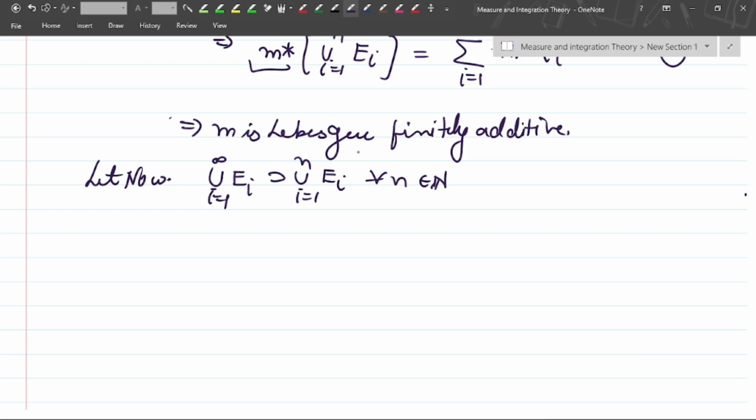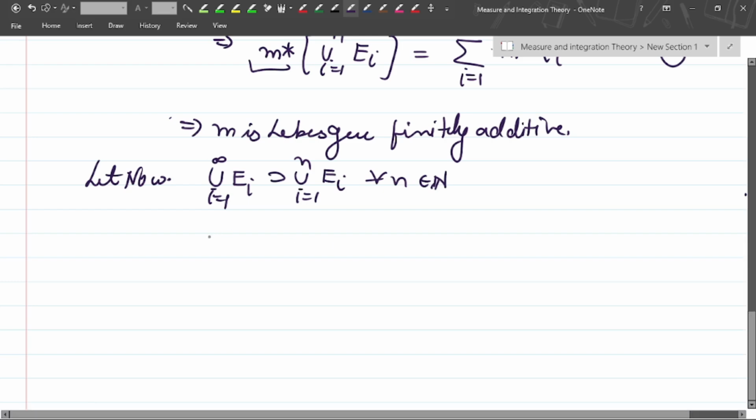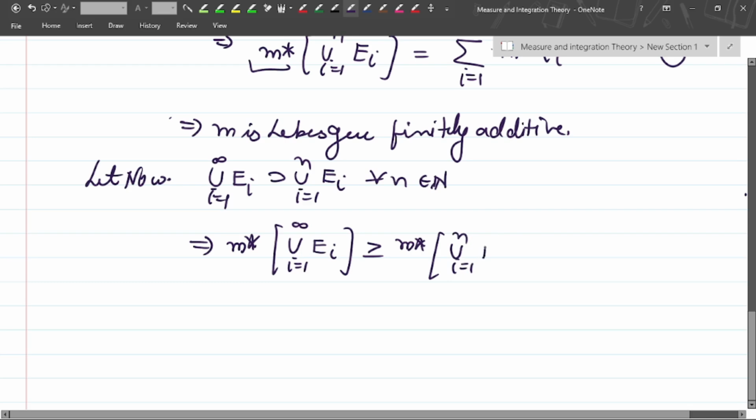So now we'll take the outer measure for both of these. Then we get the union i = 1 to infinity of all Ei. If it is a superset, then it is greater than or equal: m star of the union i = 1 to n of Ei. So this is the equation number 2.